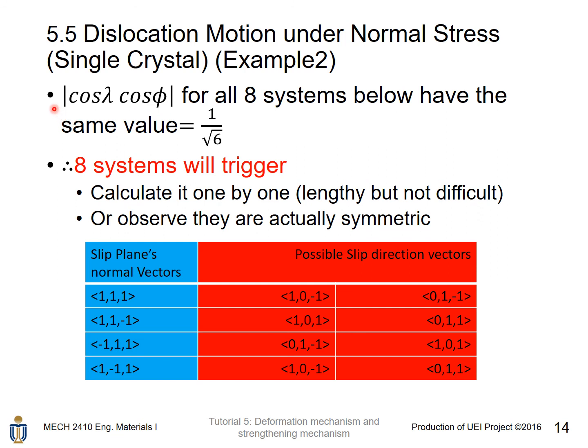Actually, this value for all 8 systems below is the same, equal to 1 over square root 6. That means all 8 systems will trigger in the above loading conditions specified.